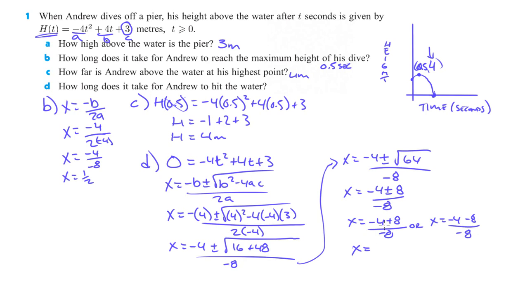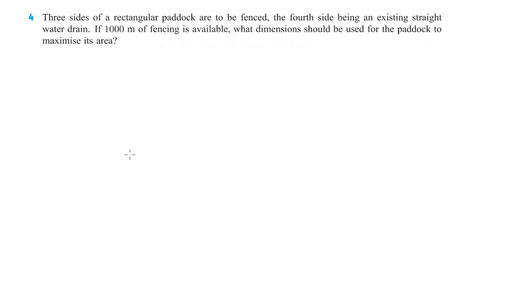For the first one, negative 4 plus 8 is 4 over negative 8, which gives us negative 1/2. You can't have negative time, so that doesn't work. For the second one, negative 4 minus 8 is negative 12 over negative 8, which gives us 1.5. So how long does it take for Andrew to hit the water? 1.5 seconds.